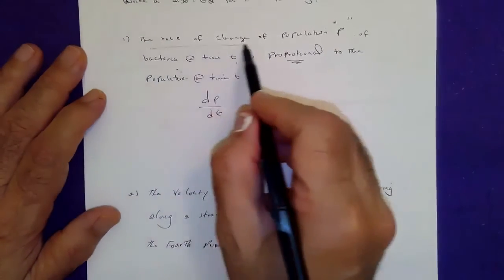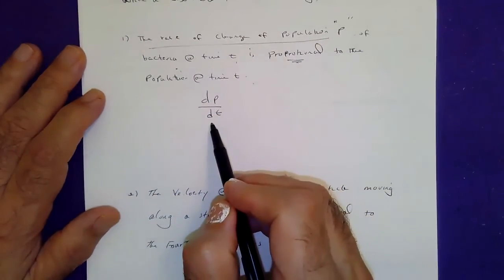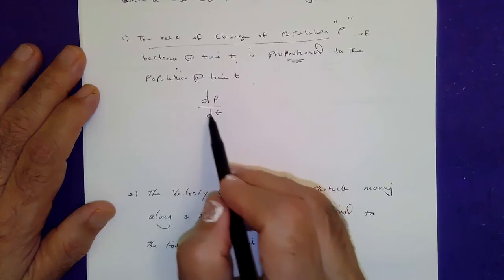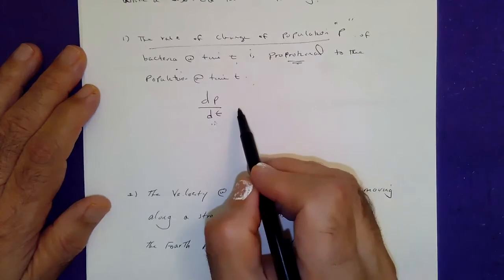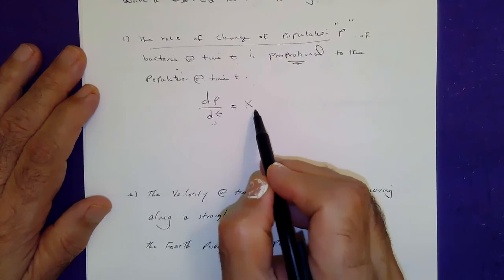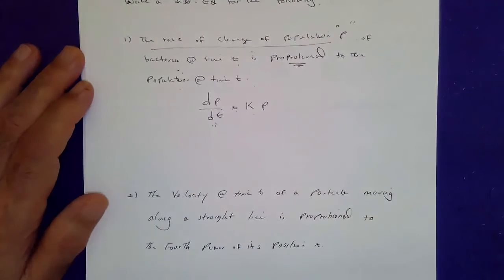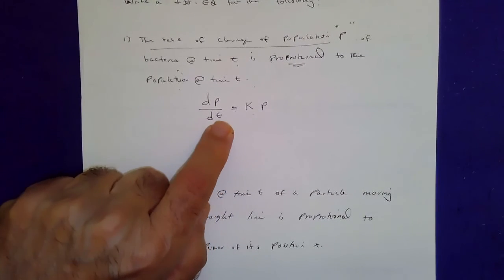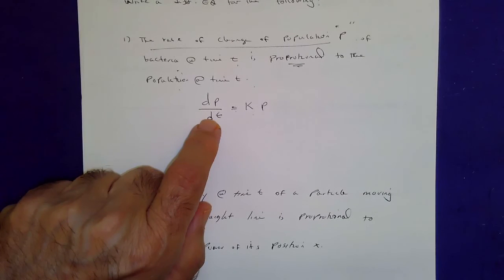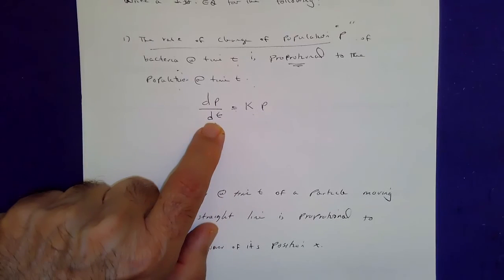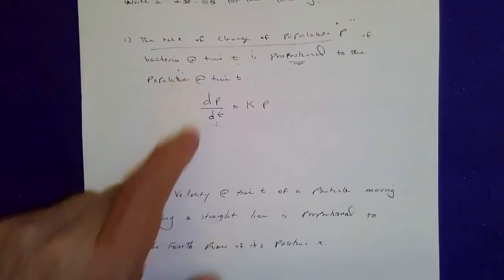That portion translates to the mathematical expression, which is the derivative. It's proportional, so it equals the constant of proportionality times the population itself. In other words, the rate of change depends on the size of the population. As the population increases, so does the rate of change of the bacteria.